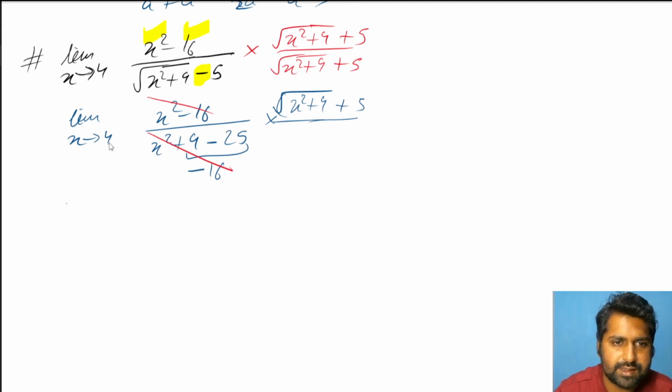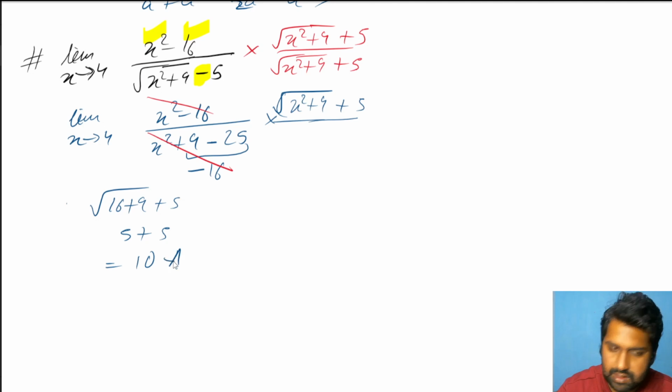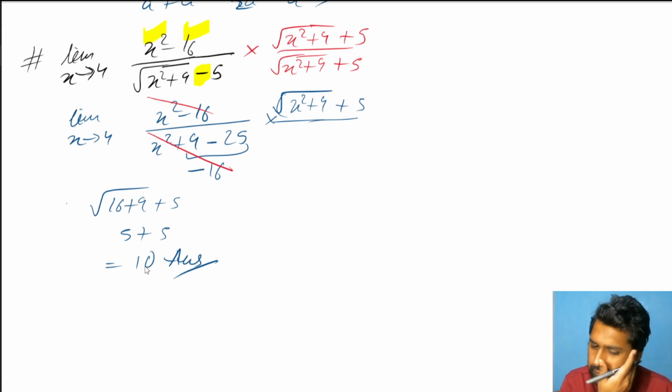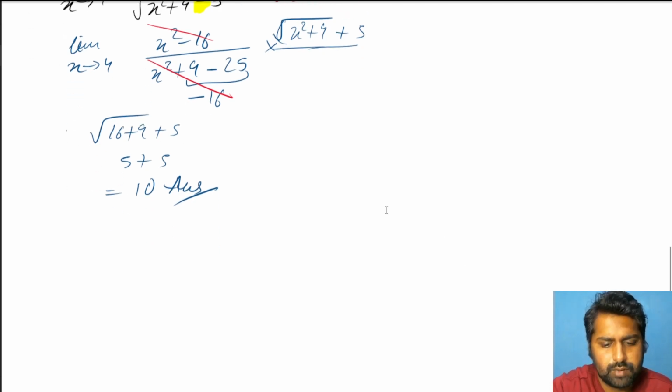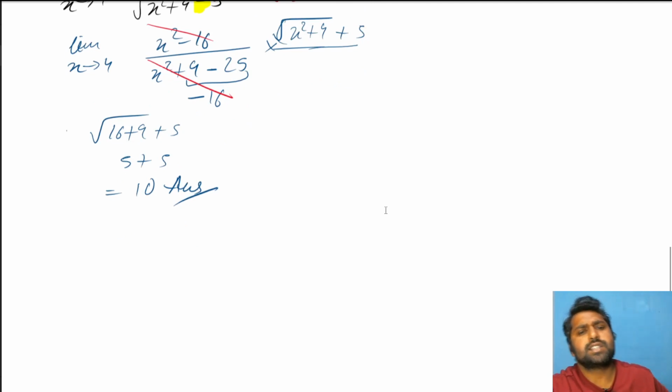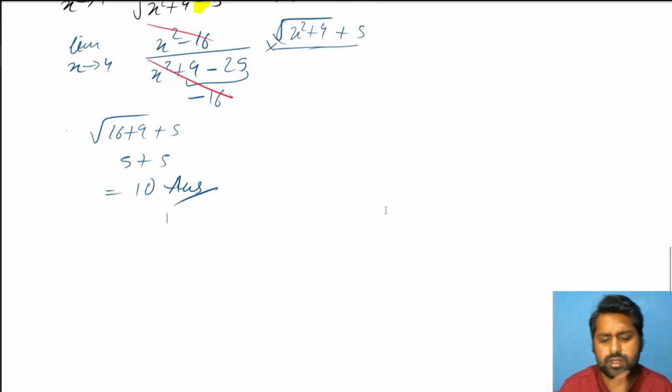So I put x as 4, so square root of 16 plus 9 plus 5, that's 5 plus 5, that's 10 as the answer. So far what we have done is rationalize numerator, rationalize denominator, everything we have rationalized. Let's look at one more question.